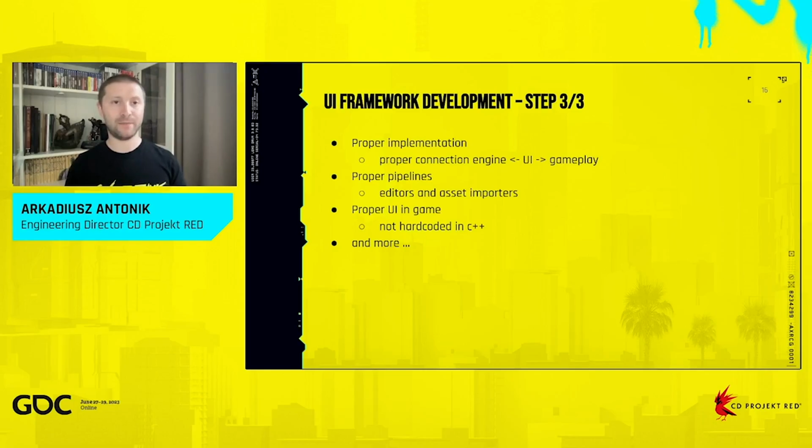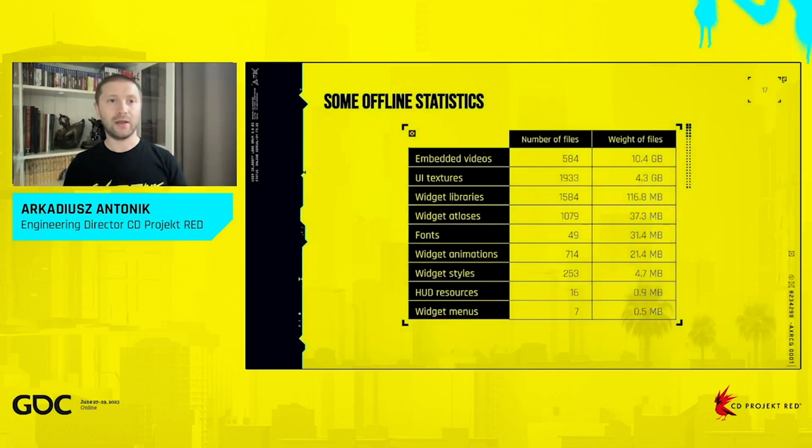I think it is worth seeing how many assets landed in the final game. I chose only a few statistics, the most interesting in my opinion. And to be fully honest, we didn't expect such big numbers when we started working on the UI framework. We knew that the scale of that game would be huge.